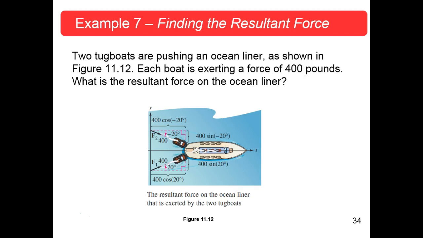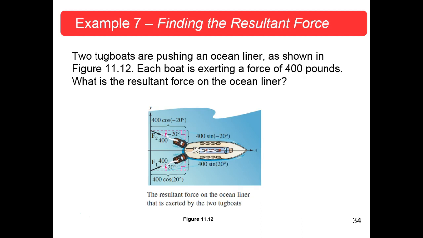If the magnitude of the force on tug one, down here, is 400 pounds, in that direction, that gives you a horizontal component of 400 times the cosine of 20 degrees, because cosine is adjacent over hypotenuse.